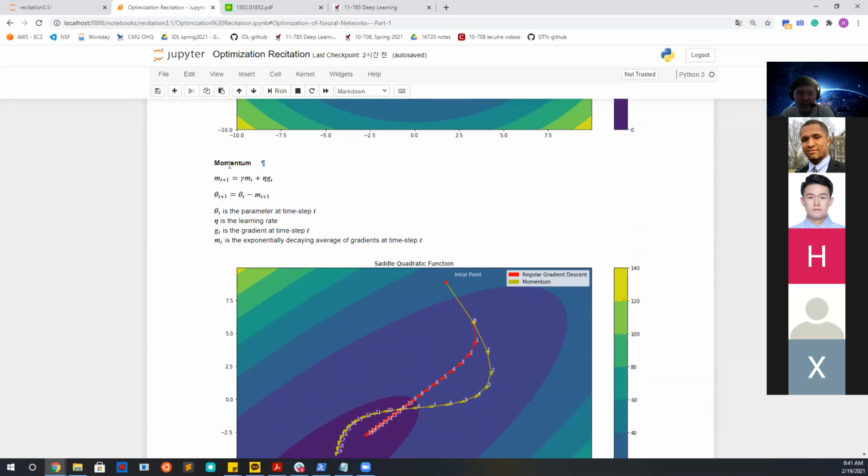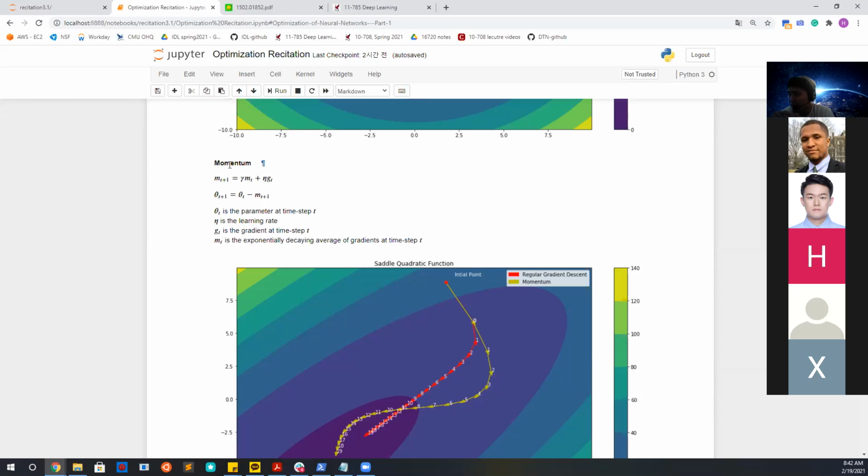It accelerates where the gradient is in the same direction, and it dampens where the gradient is oscillating in different directions. So if the gradient goes plus and minus and is oscillating, that means you have to decrease your step size in that direction. But if you're going through the same direction continuously, that's a sign that you can move with a larger step size.